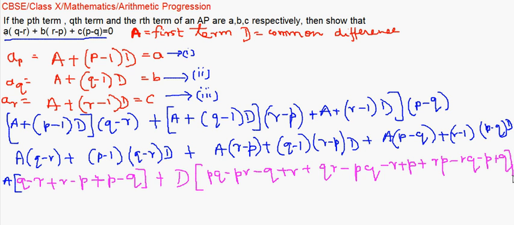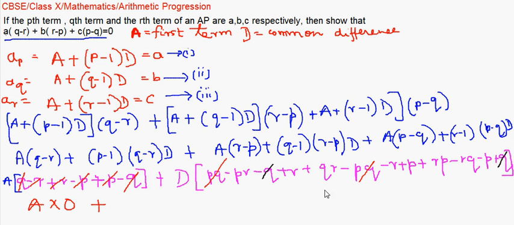Now let us see what we get. Here Q got cancelled, P got cancelled, R got cancelled, so I've got A multiplied to 0. Now here I have a PQ with a PQ. Anything else getting cancelled? This is Q again.